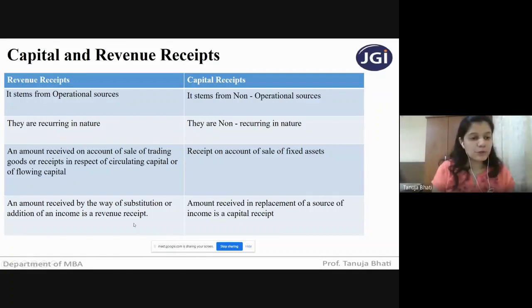Now, what do you mean by this? This means that a revenue receipt can be a receipt received by way of substitution of an income. Let's give an example. Suppose I am a company and I have taken a particular film, a movie, and I am going to release that movie.